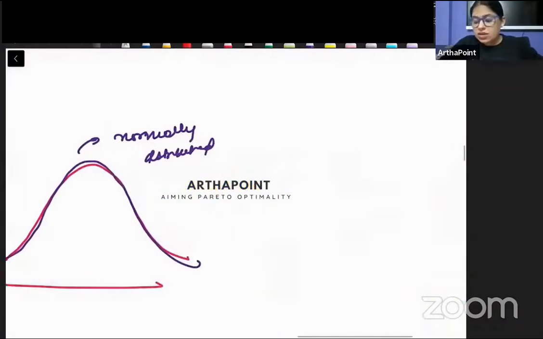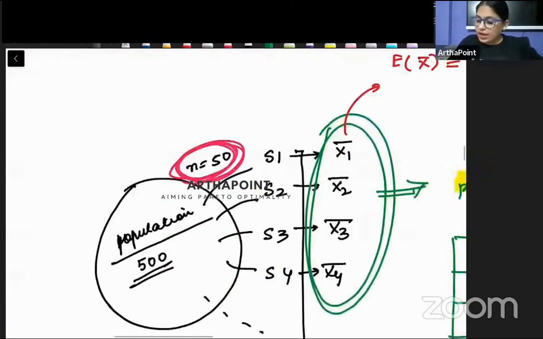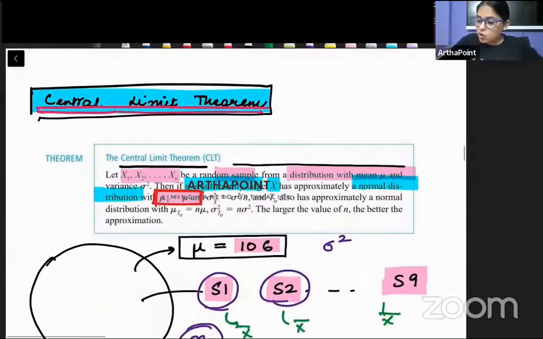And in fact, the other thing also we proved that if I find out the expected value of the variance, right, then I will get the variance of the population. But this has been written in another way, that if you go ahead and you find out the variance of this x bar, this is another thing you have to remember, then it will be equal to the variance of the population divided by n. Variance of the population divided by n.